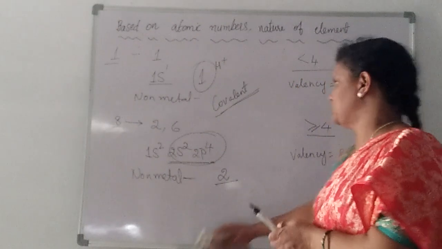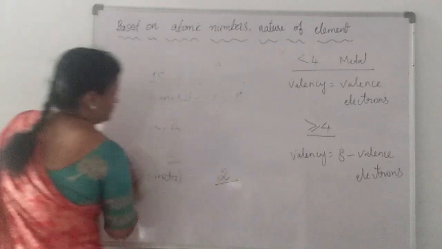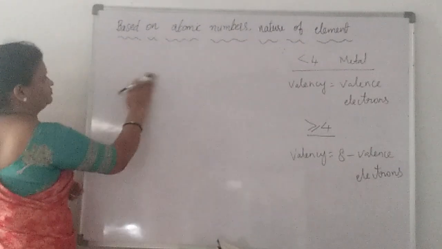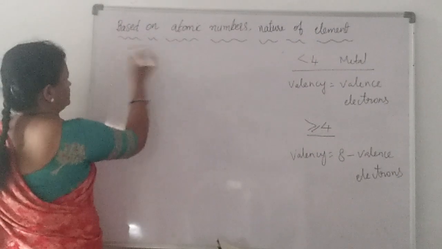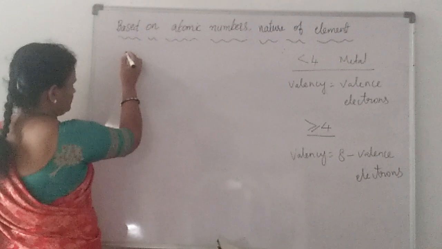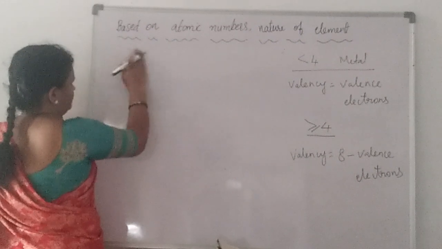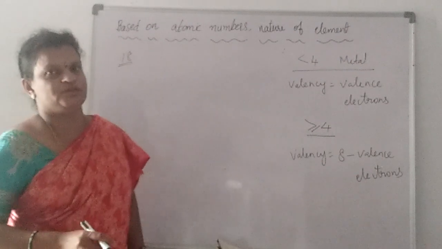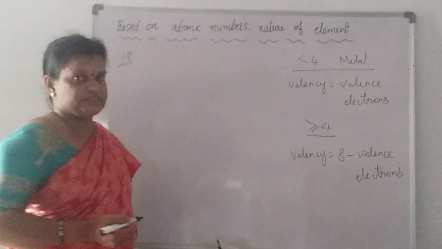So some other examples also let us see here. Now here we have some element with atomic number 18. We will try to observe what is the nature of the element, and also what is the valency.